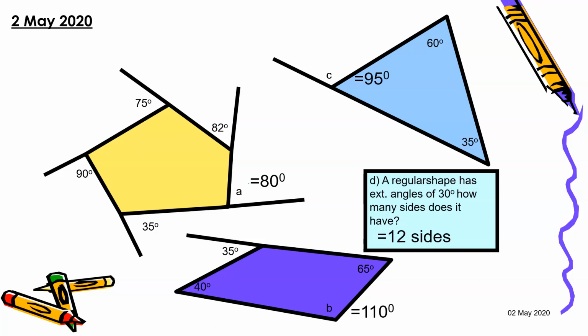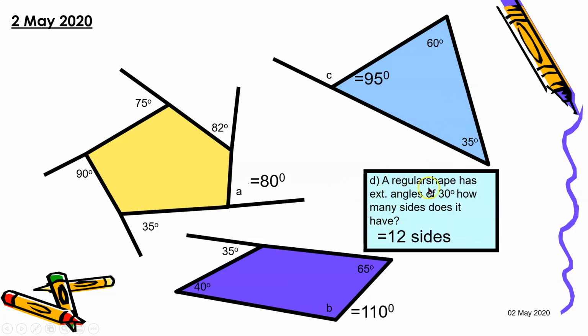You might have worked out that this angle there must be equal to 85. But maybe you also remembered the rule that the external angle of a triangle is the sum of the two opposite angles. So we could have just added 60 and 35 together.